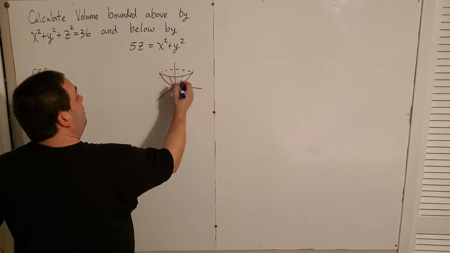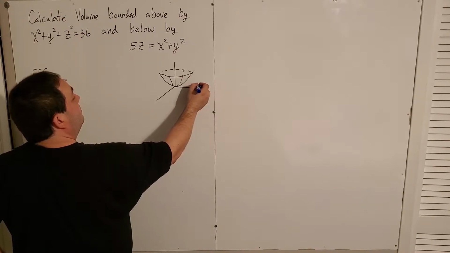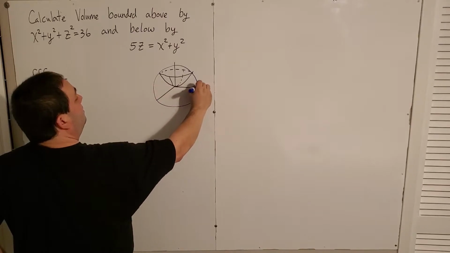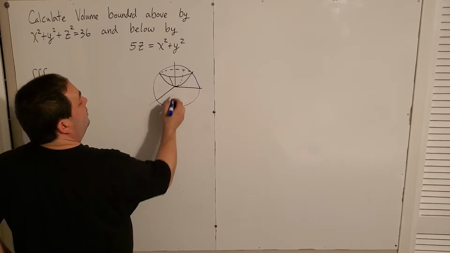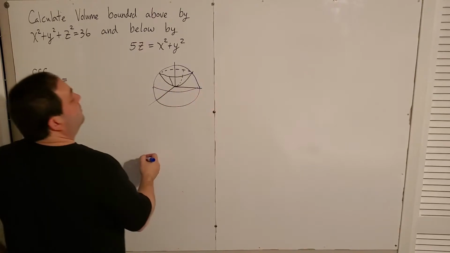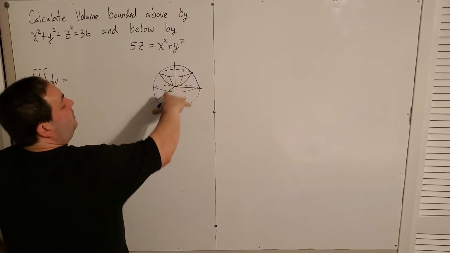So look right here. The sphere is radius 6. It's going to be doing this, basically. The axis is going to keep going that way. There's my sphere, where the equator of it is in the plane.